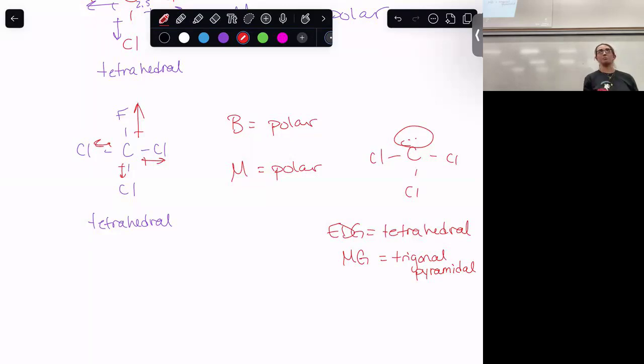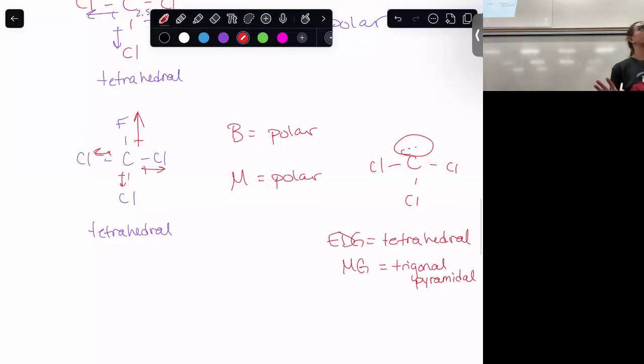So you just have the 3 feet forming that pyramid. A lot of these names make sense for what they are. If you think about what a trigonal pyramid would be, it looks like that. They don't try to trick you with the names, I promise.